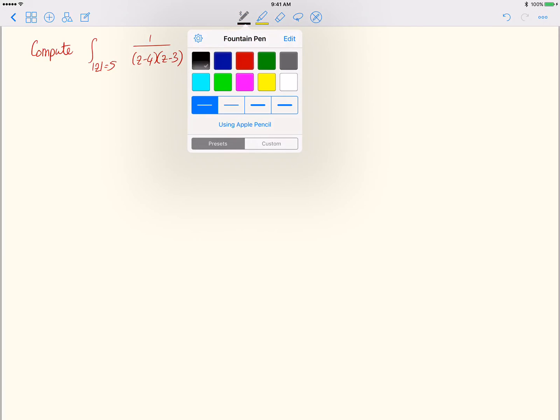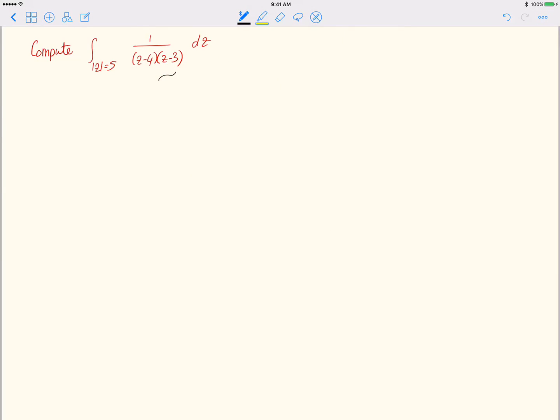So up until now, if I wanted to do something like this, I would have to use partial fractions and use Cauchy's integral formula. Or if I wanted to avoid partial fractions, maybe use Cauchy's integral theorem for multiply connected domains. Both are kind of a hassle, but this is going to be a lot easier now.